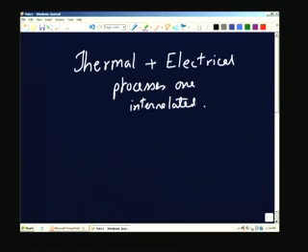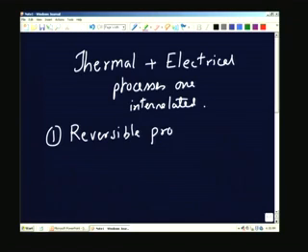Let me just classify these into two types of processes. One, we will call them reversible processes. The term reversible is being used in the thermodynamic sense, and there could be irreversible processes.